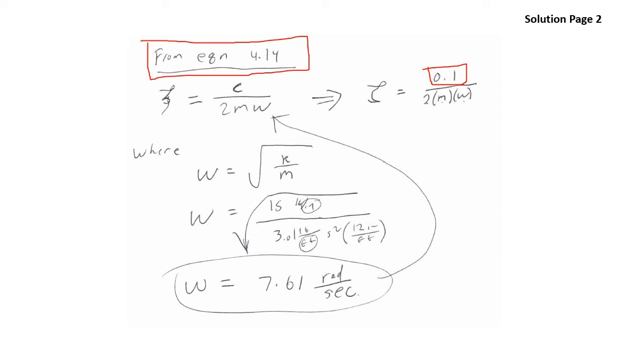So M was my weight divided by the acceleration due to gravity, no problem there. I can get my omega here now, so omega is equal to the square root of k over m. Plug in my value for k from the problem statement, plug in my value for m that I solved for from my weight factor, and I can get my omega term here of 7.61 radians per second. So that can plug back up in here into my omega term right there in order to solve for my zeta.